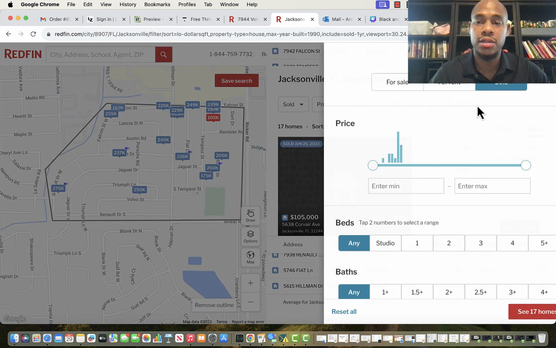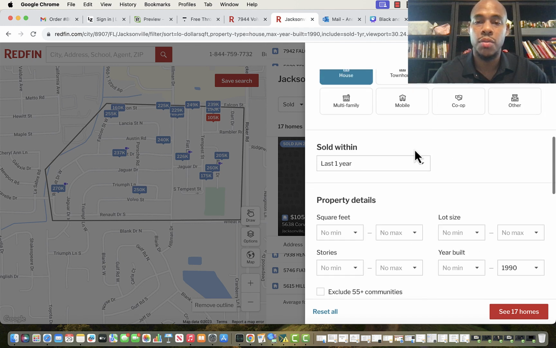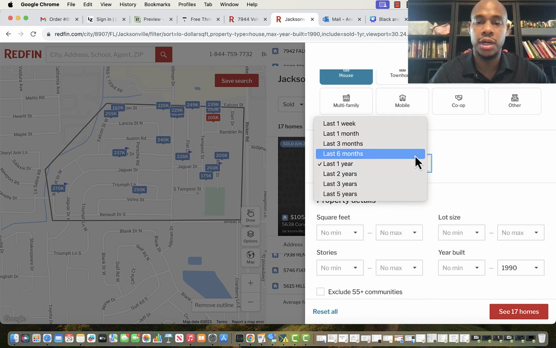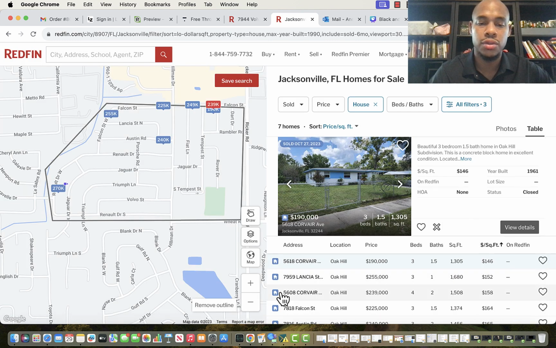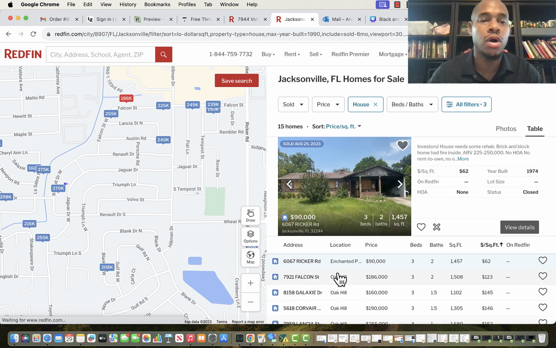First, I want to go back to last 6 months because last year we only did that for the subdivision. Now we have to actually analyze the area. So go back to last 6 months. We'll see those results. And then we'll remove the outline because now I just want to analyze the whole area.